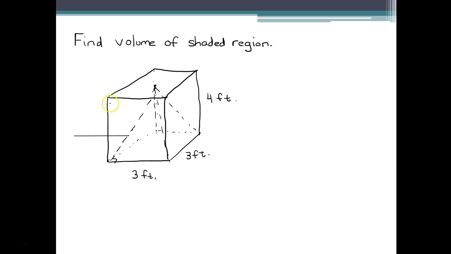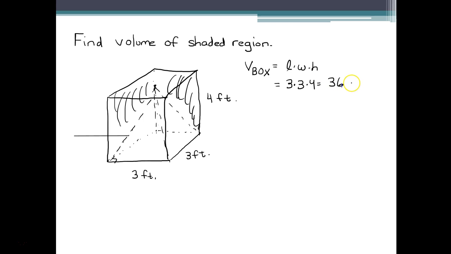The shaded region is all this space outside of the pyramid. So we've got to find the volume of the box, which is length times width times height. So 3 times 3 times 4 gives us 36 cubic feet.